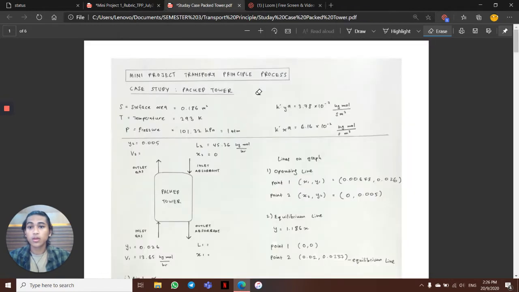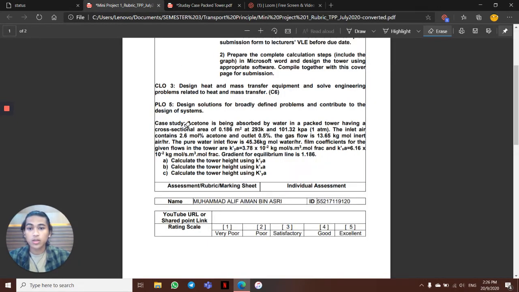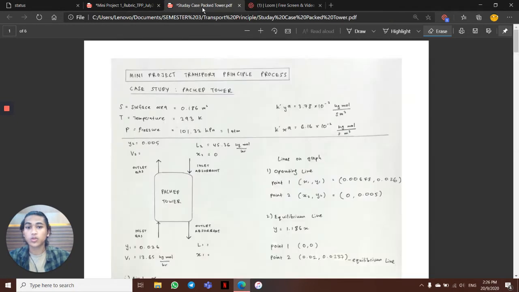So let us start with the information that is given. As we see, the surface cross-sectional area is 0.86 meter squared. I've jotted down the information here. This is the surface area.